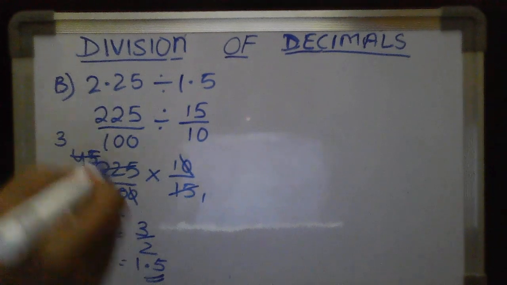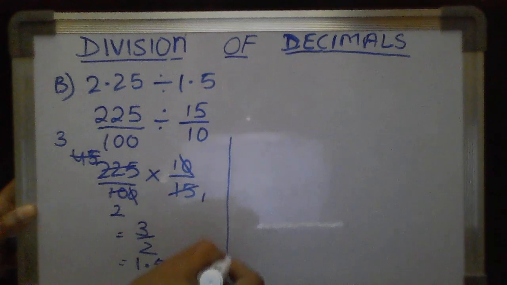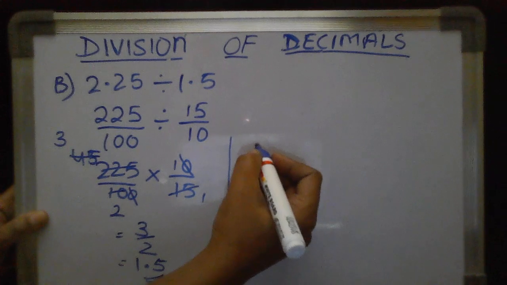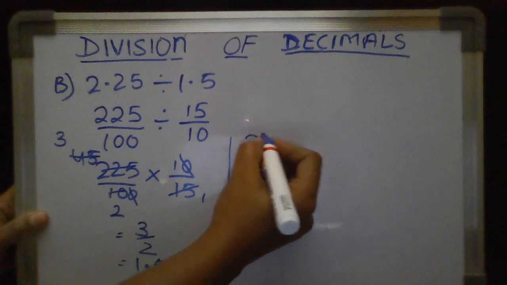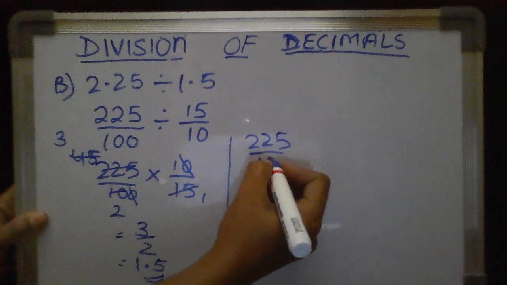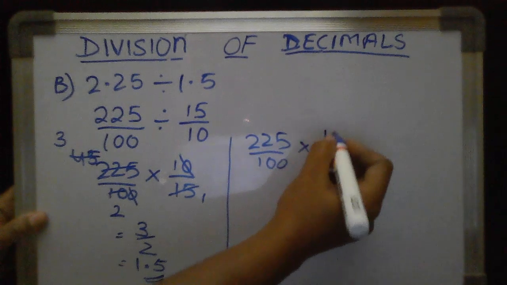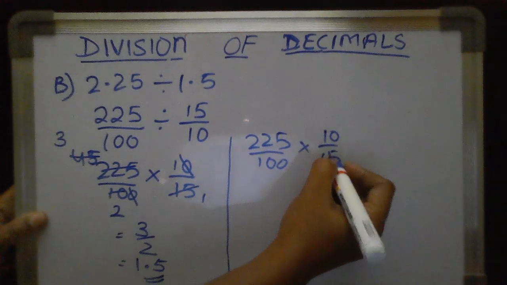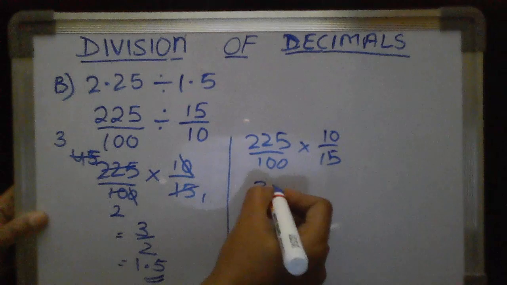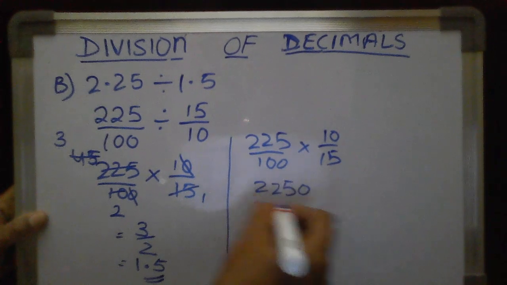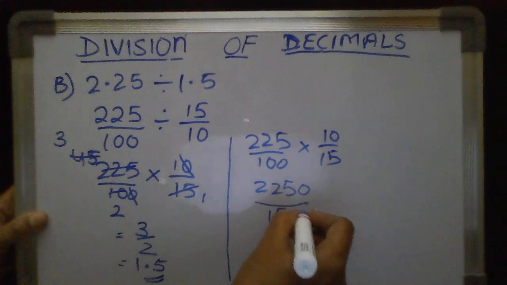Okay. So another method that you can follow here is 225 by 100 into 10 by 15. So I am multiplying that, becomes 2250 by 1500.